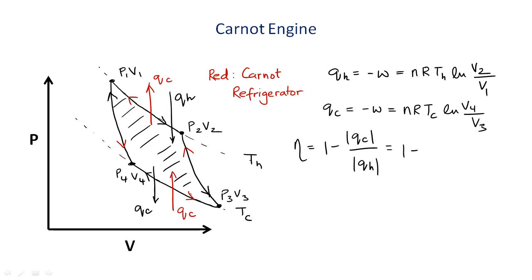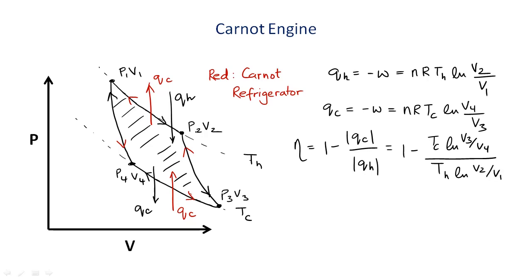The only thing to note is that the expression for Q cold as written here is negative because V4 is smaller than V3. So to write the corresponding positive value, we will switch the V3 and V4, and we can write this efficiency as 1 minus Tc ln V3 by V4 divided by Th ln V2 by V1.